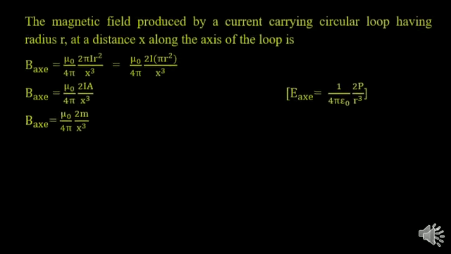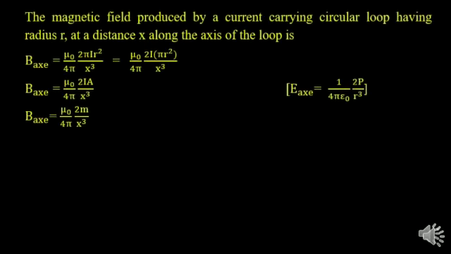The magnetic field produced by a current carrying circular loop having radius r at a distance x along the axis of the loop is B axial equals mu 0 divided by 4 pi into 2 pi I r square divided by x cube, which equals mu 0 divided by 4 pi 2I pi r square divided by x cube.